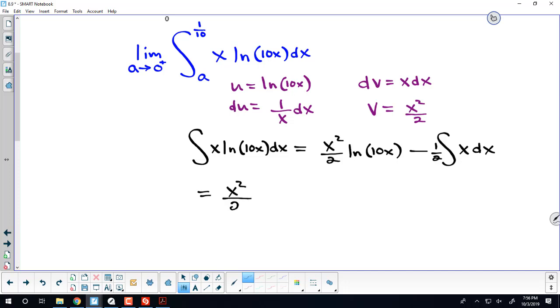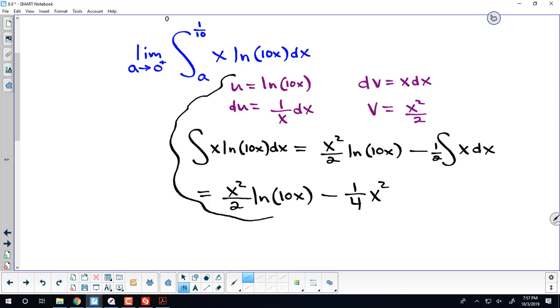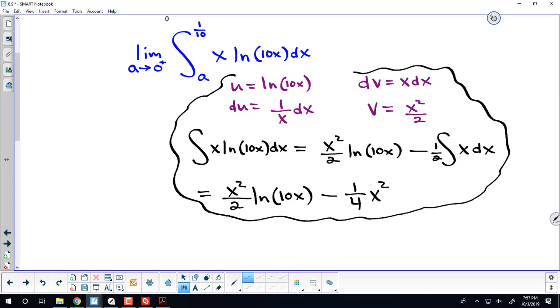So we've got x squared over 2 ln 10x minus 1/4 x squared. Okay, any questions on that? Review of integration by parts. Then we have our antiderivative.